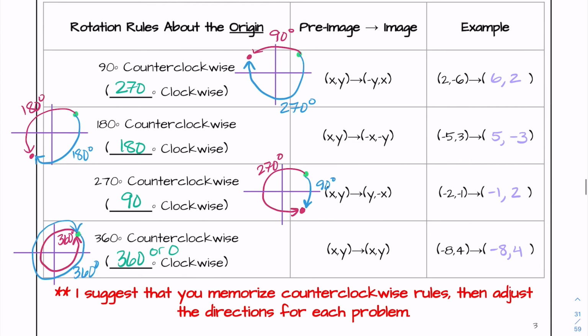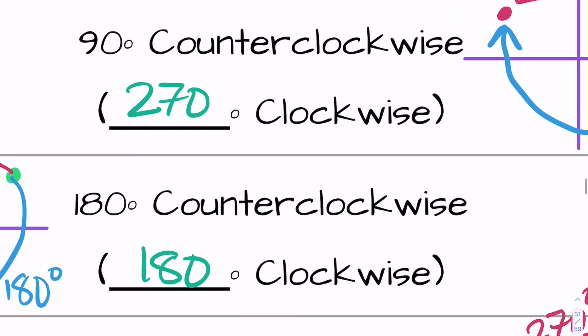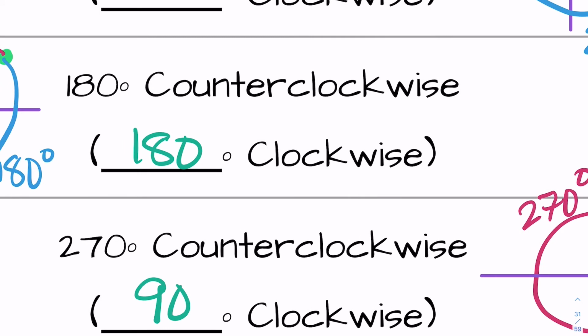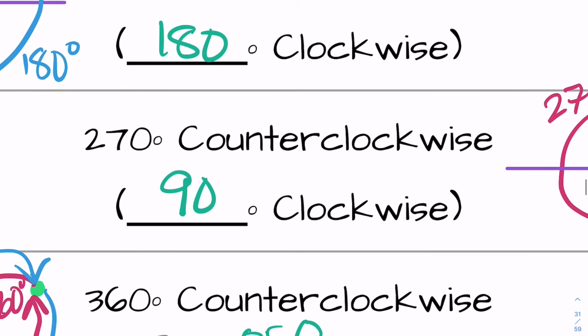Okay? So these are the rules that we're going to follow, and I need you to memorize the ones that are counterclockwise. Now, if you're given a problem that says go 270 clockwise, just go 90 degrees counterclockwise.